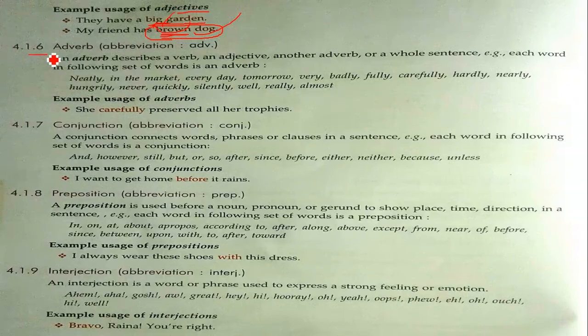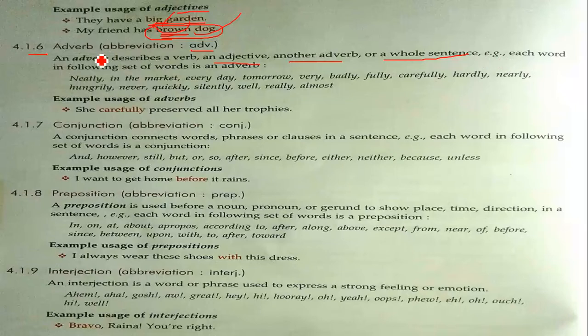Now the sixth part of speech is adverb, which has the abbreviation ADV dot. An adverb describes a verb, an adjective, another adverb, or a whole sentence.